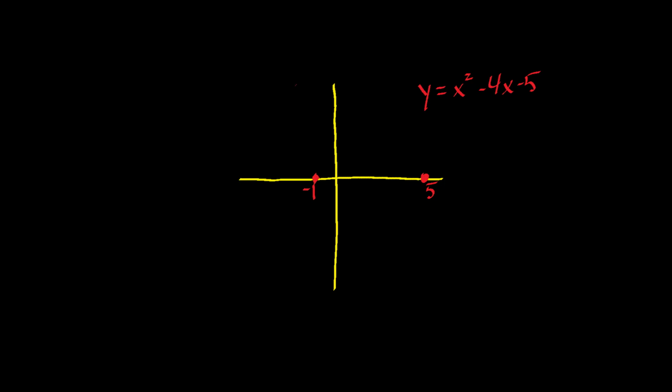This one also opens up. Again, this is just a very rough sketch of the graph, and I'll have other videos that explain how you can identify key points on the graph, but I at least wanted you to be able to find the x-intercepts and associate that with the polynomial equations.